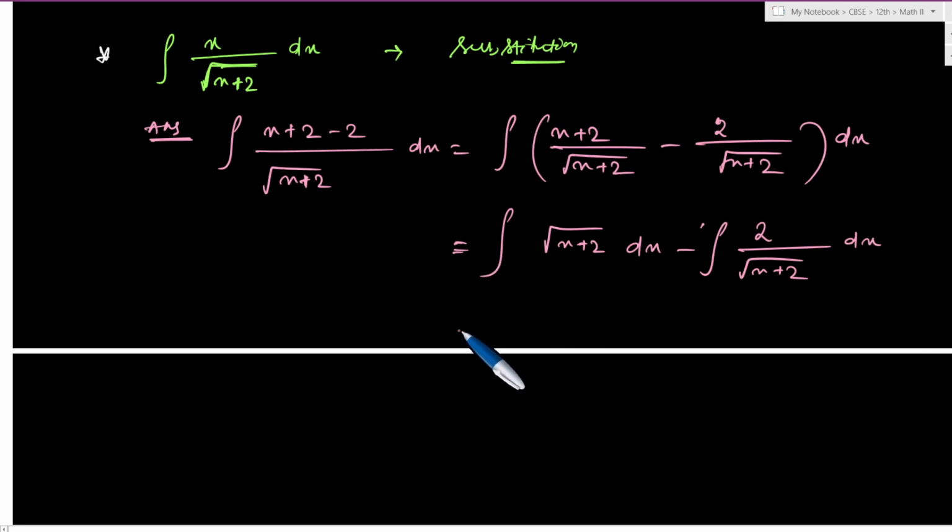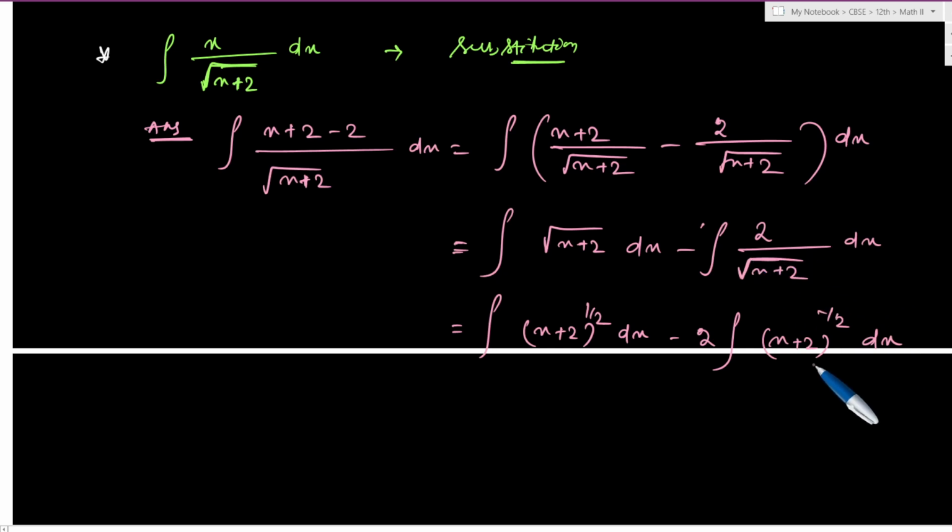What is the result of this? We'll use the substitution method here. Let's write integration of x plus 2 to the power 1 by 2 dx, minus 2 times integration of x plus 2 to the power minus 1 by 2.